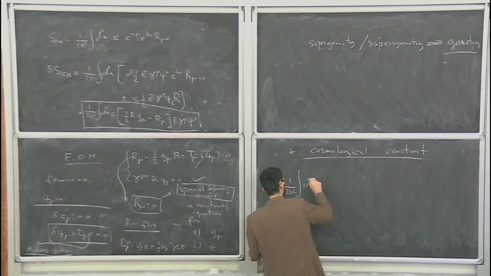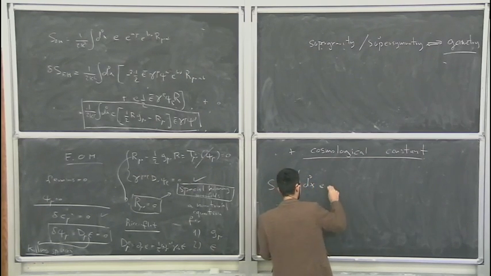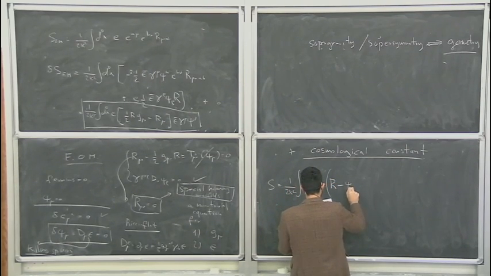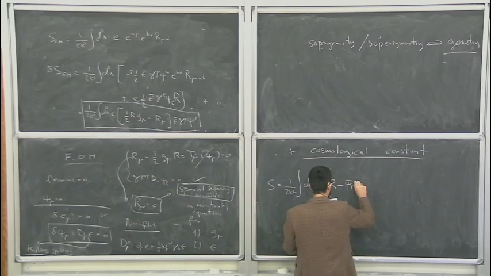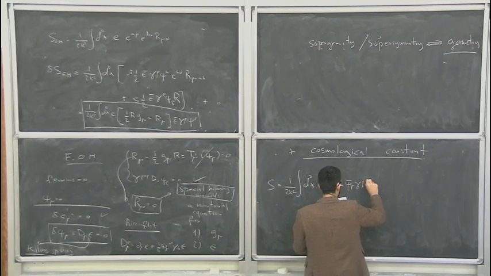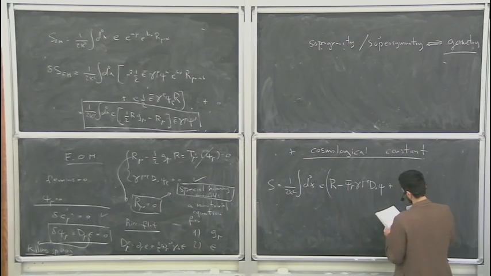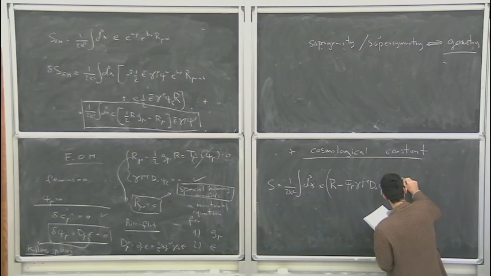So in keeping with my notation of the generic action, we have the old terms, the Einstein-Hilbert plus the Rarita-Schwinger. And we have two modifications. We have the cosmological constant that has to pick, in some particular conventions, some particular value.